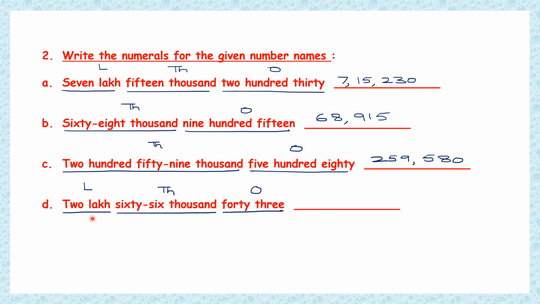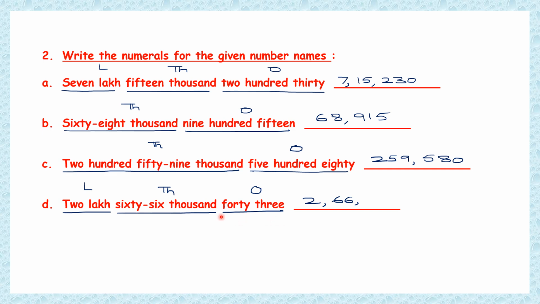Now let's write the numbers and after each period let's put a comma. 2 lakh. So put 2 and a comma. Then we have 66,000. Now here let's be careful. It only says 43. Now remember the ones period must have 3 places: ones, tens and hundreds.